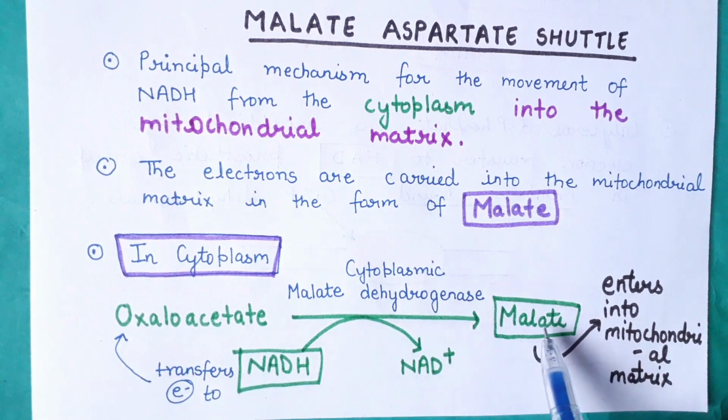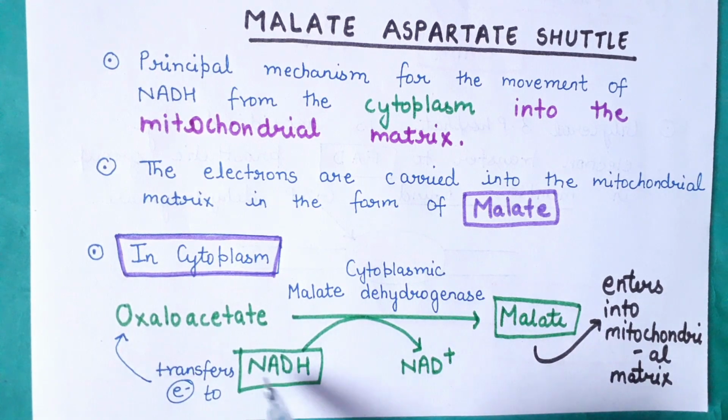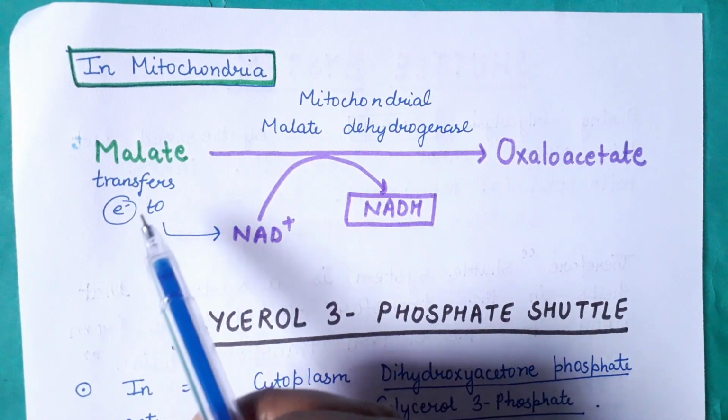That malate carrying the electrons of the NADH enters into the mitochondrial matrix. Now what happens in the mitochondria?